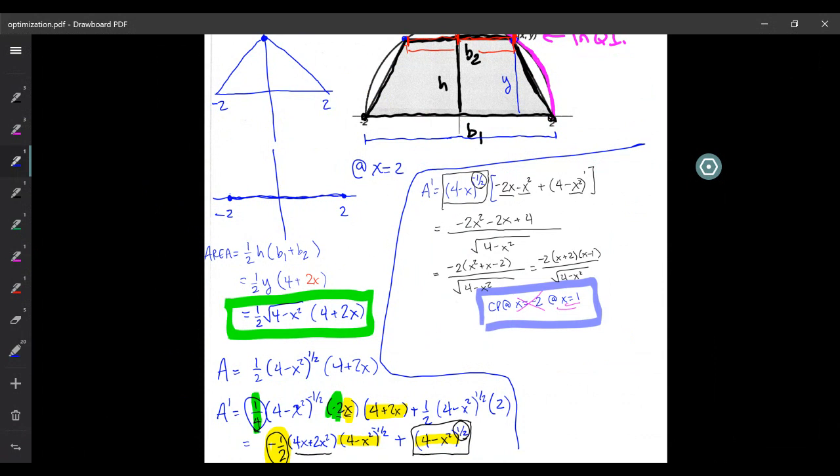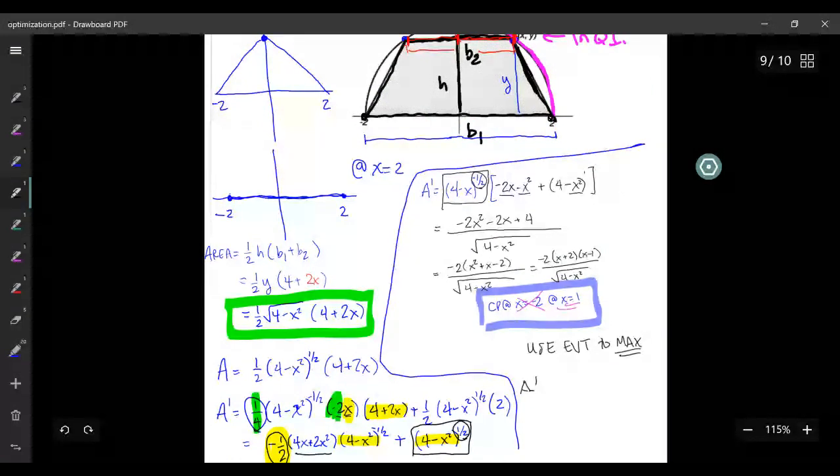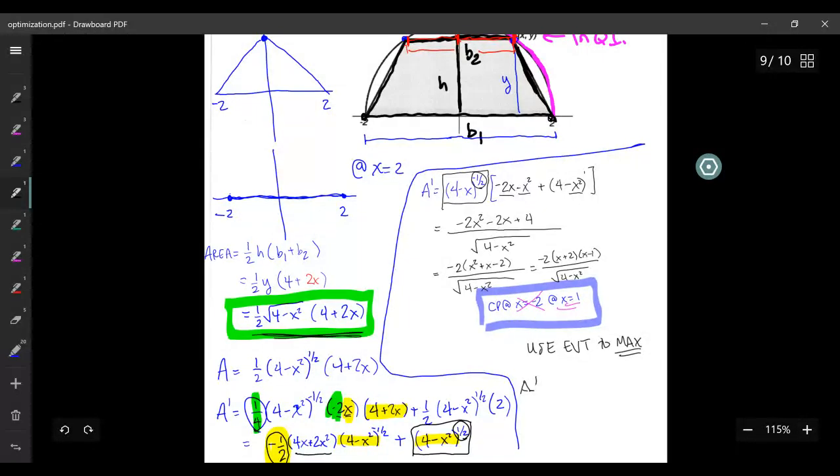Okay, so now remember we have a closed interval here, so I'm going to use the EVT to maximize. Go back to the very beginning. My function is this right here. A of 0 gives me 1/2 root 4 times 4.